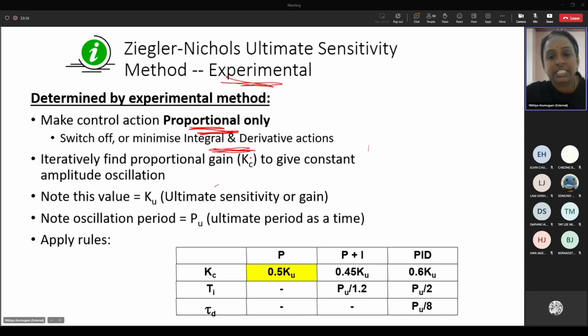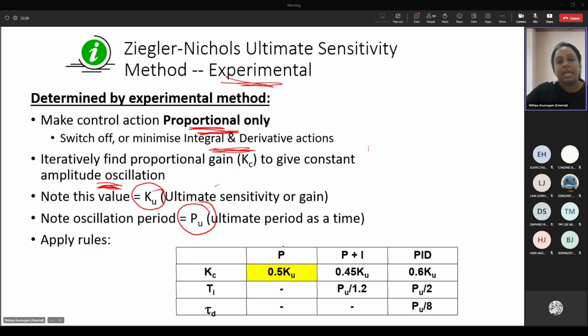Then for the KC, we give constant amplitude oscillation, meaning we make the frequency constant. At this value, the gain will be expressed as the ultimate gain, and the oscillation period we call the ultimate period.